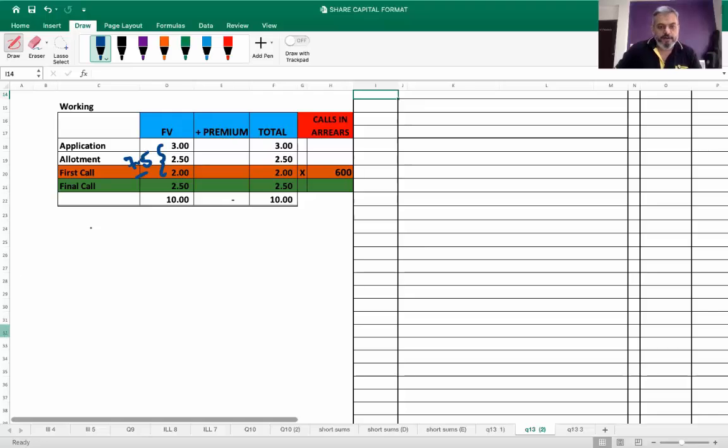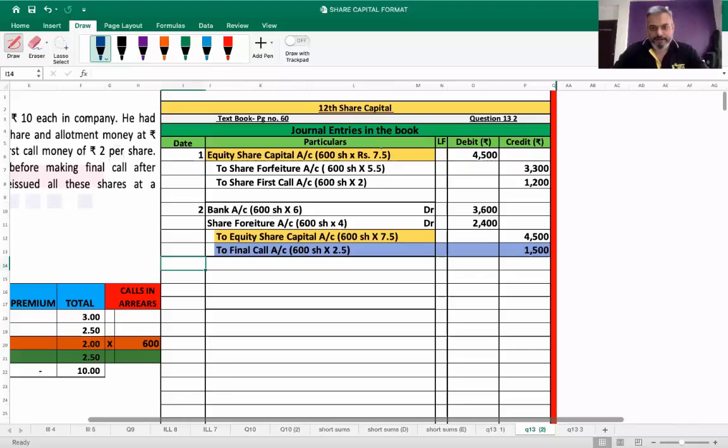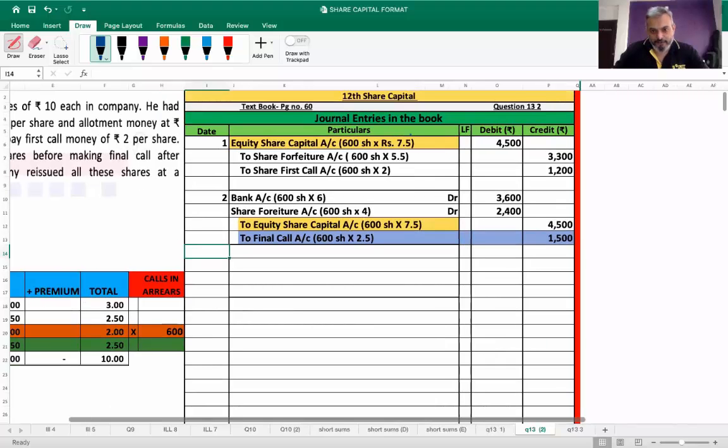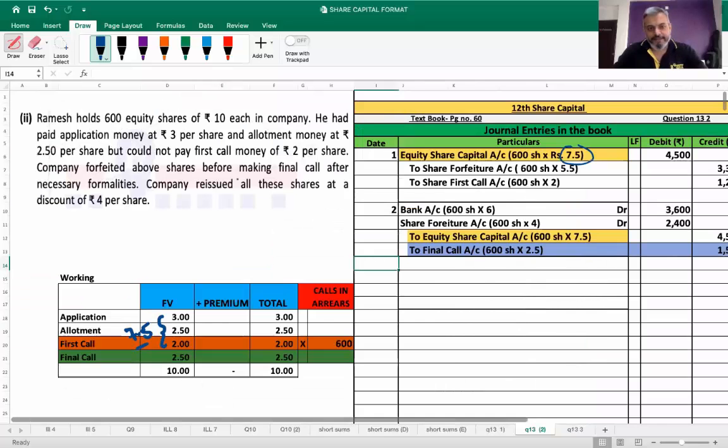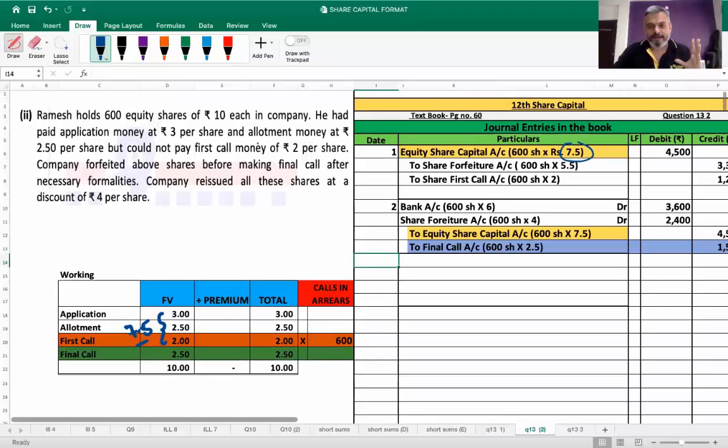Now over here, whenever you forfeited, you debited your capital with 7.5 rupees. It means अभी तक तुम्हारे जितने भी शेयर्स मार्केट में थे वो 7.5 रुपीज वाले शेयर थे. 2.5 तो अभी तक तुमने मंगाया ही नहीं है, ये सब तुम्हारे पार्टली पेड अप या कॉल्ड अप शेयर्स है.